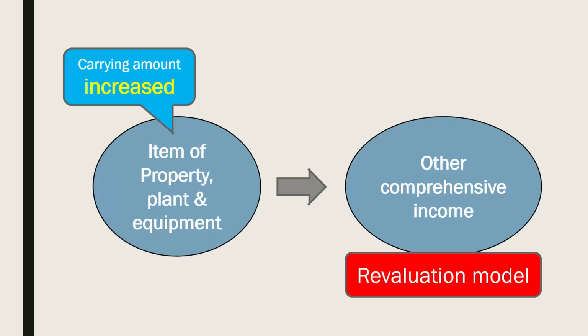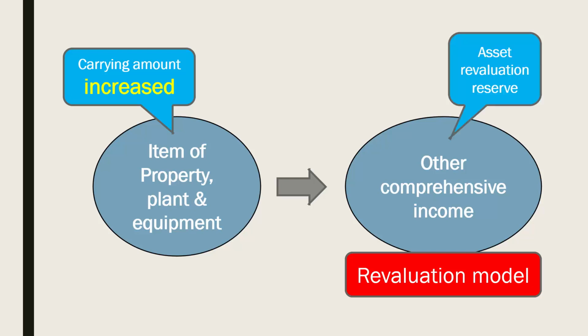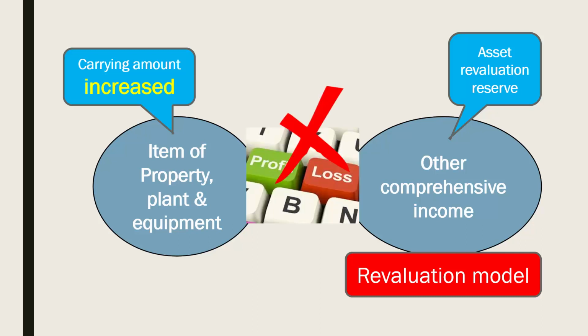If, as a result of a revaluation, the carrying amount of an item of property, plant and equipment is increased, this increase in value is included in other comprehensive income and transferred directly to an asset revaluation reserve. It is not included in a firm's profit and loss for the period.